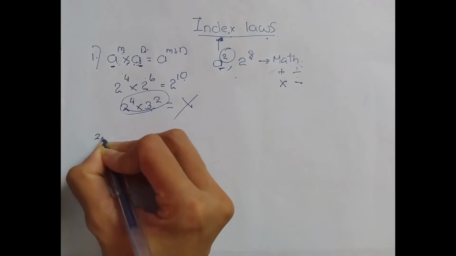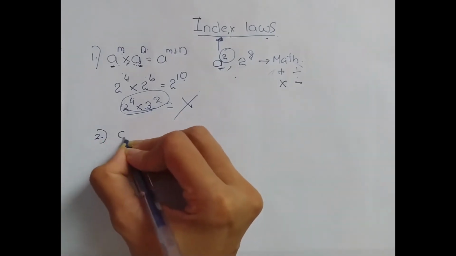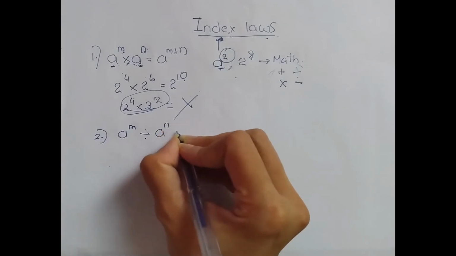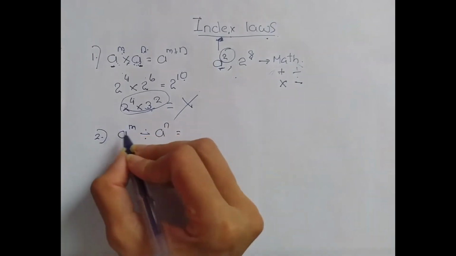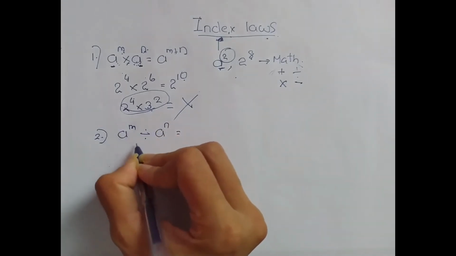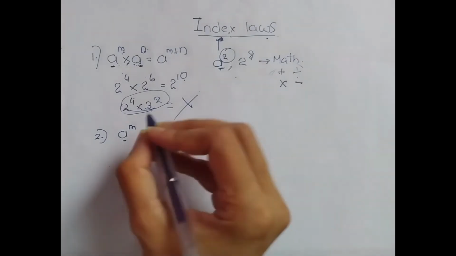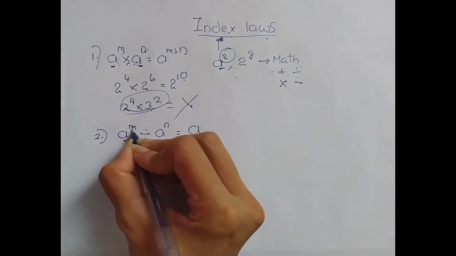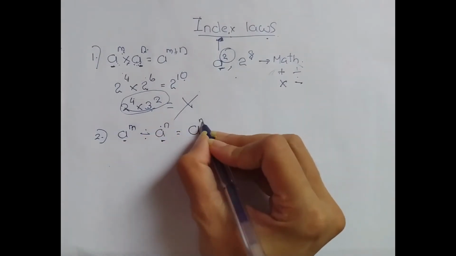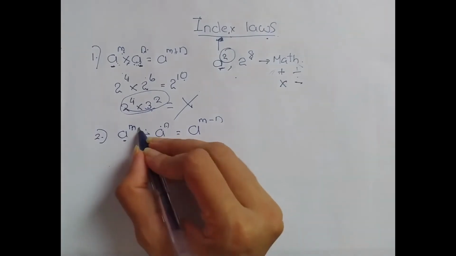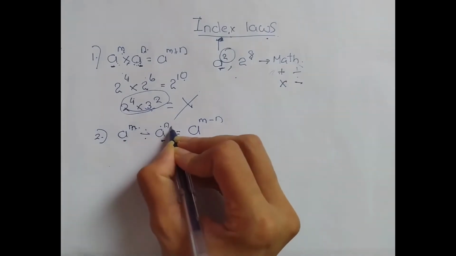What if it is division? A to the power m divided by a to the power n. If it is division like this, same base, then you are subtracting n from m. Remember, it is not n minus m, but it is m minus n.